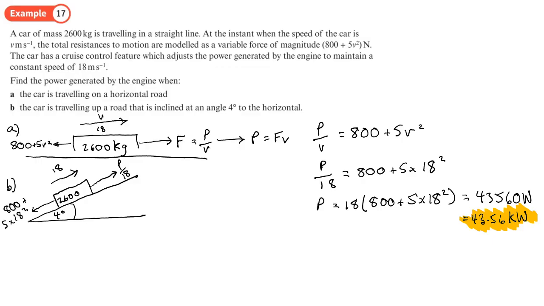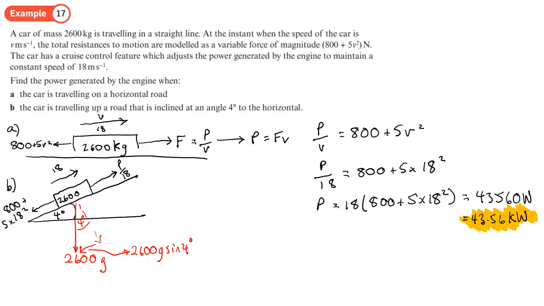But what we now need to include is the weight of the car, and we're interested in this component here, and because that's 4 degrees, this will be 2600 g sine 4. So we're now ready to write our equation. It's traveling at a constant speed, so the P over V is going to be balanced with this component here and this frictional force here.